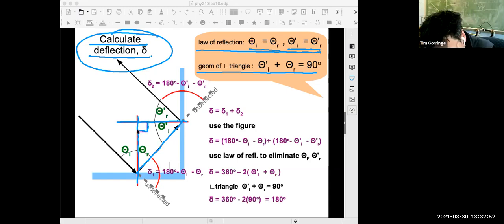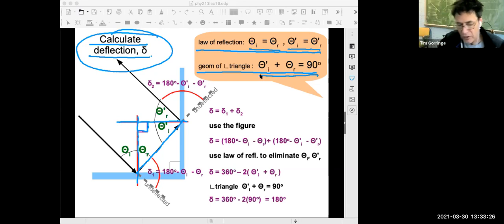This is a right angle between a horizontal and a vertical line. If that's 90 degrees, and there's 180 degrees in a triangle, then theta r downstairs here and theta i prime upstairs here in the right angle triangle must add up to 90 degrees. I don't know what they are, but I do know their sum. That's this second equation here.